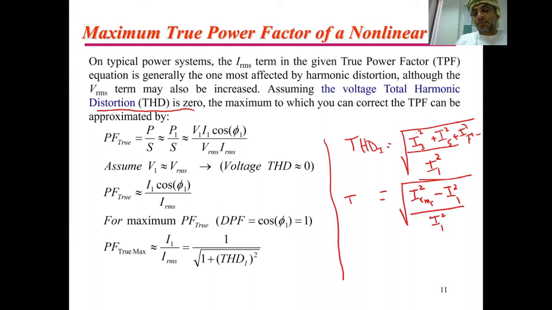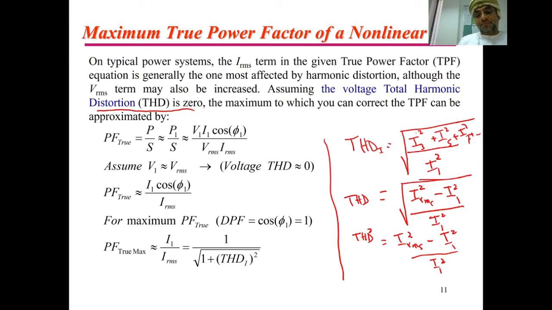So that will be the total harmonic distortion for the current. Now if we square both sides, then total harmonic distortion squared will be equal to I root mean square squared minus I1 squared, divided by I1 squared, right?